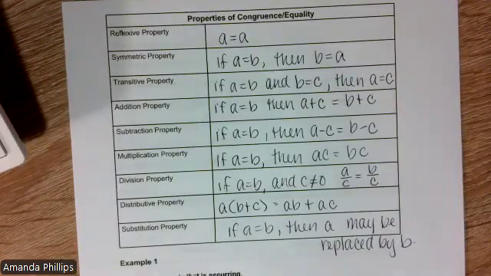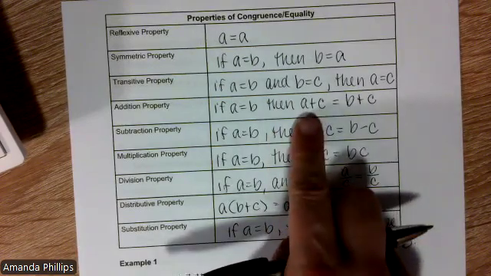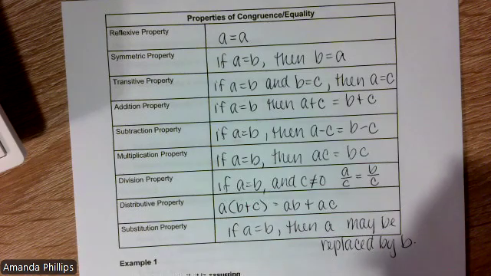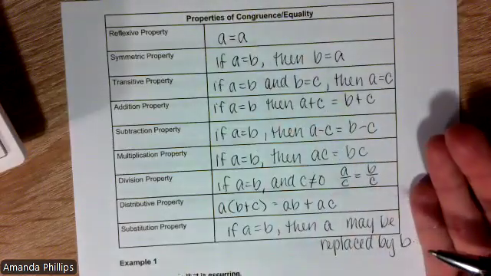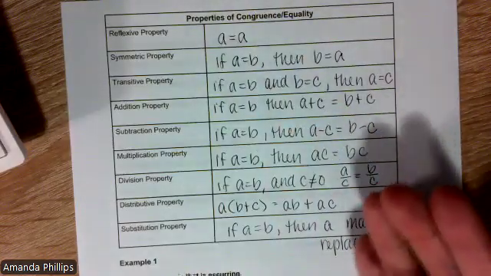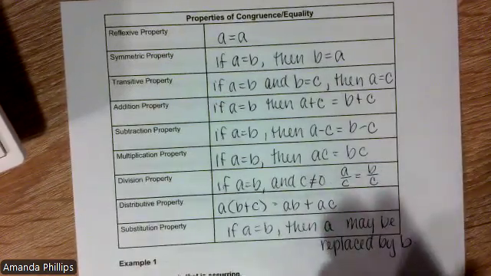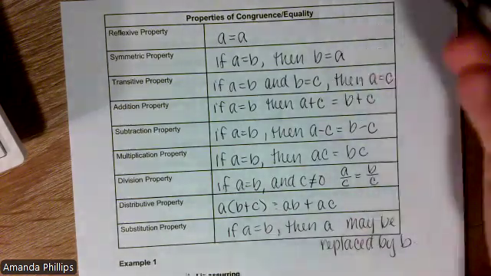This is what makes this challenging, is looking at this in terms of letters that represent numbers that try to tell you what's going on, and sometimes it's hard to wrap your head around these vague descriptions, okay? So let's do some examples where we're actually looking at the properties and then we can see what this is really meaning, okay? But we do need to know what this is saying.